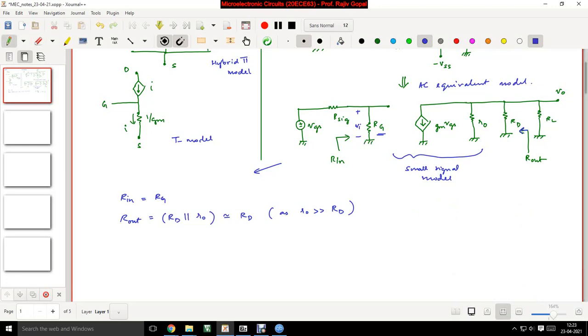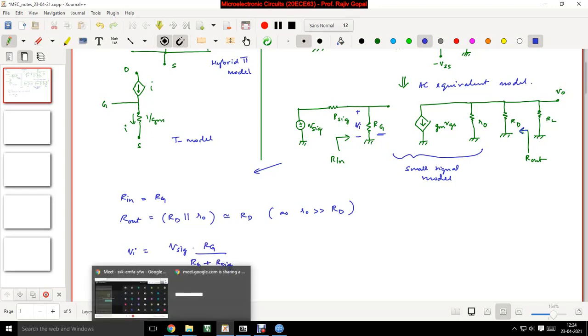Then we also saw, if you look at Vi here, Vi is in a voltage divider configuration. Small change here: this is not Vgs, it is Vsignal. So Vi is Vsignal times RG by RG plus Rsignal.